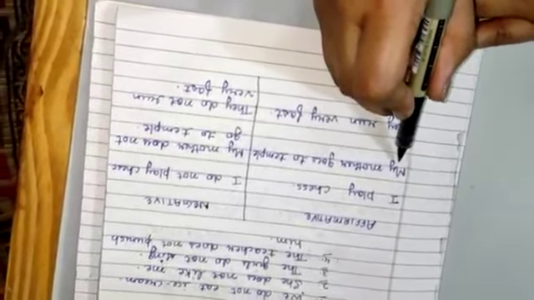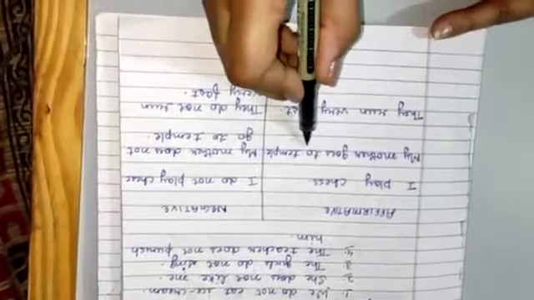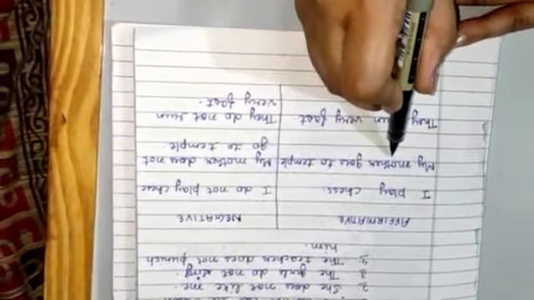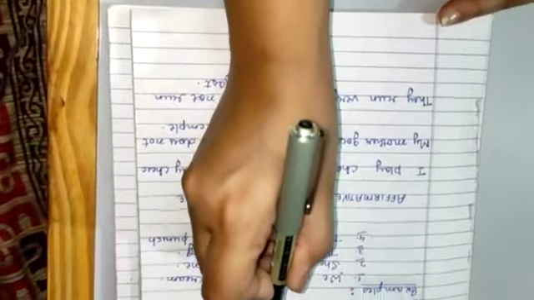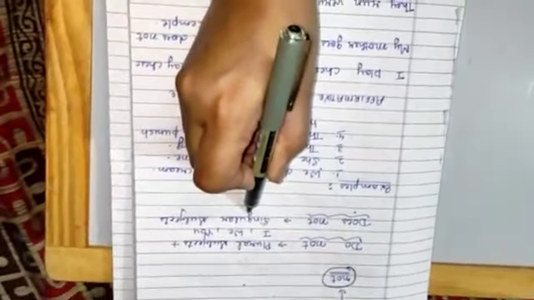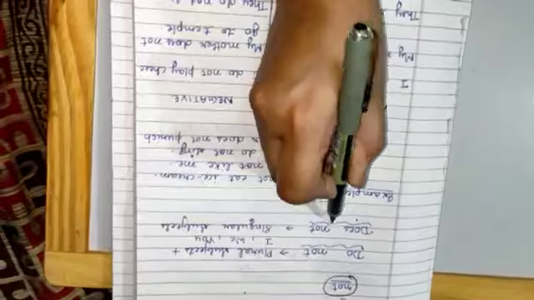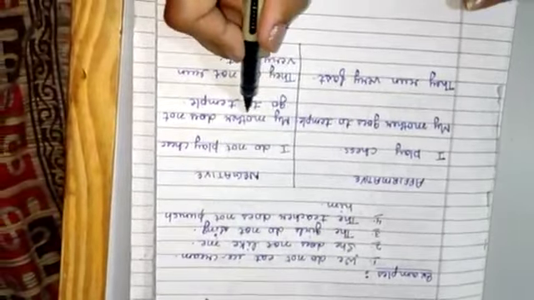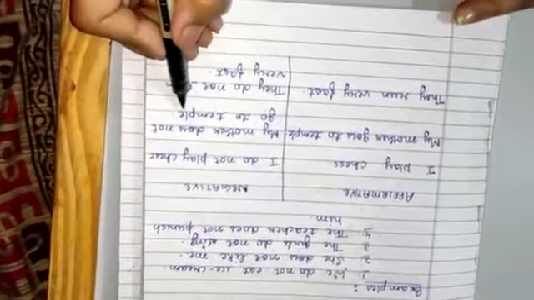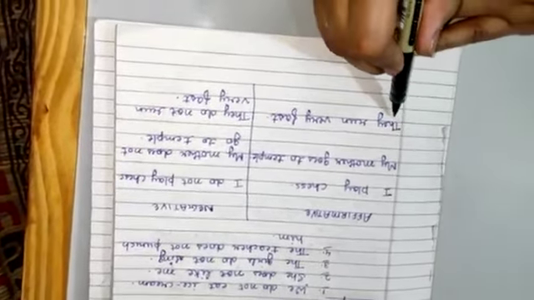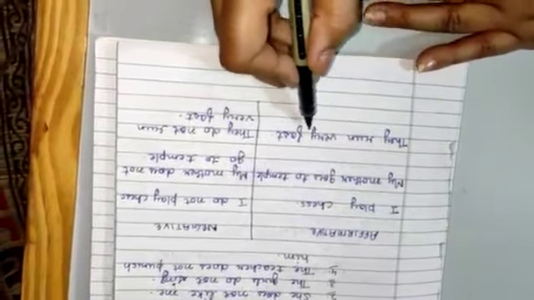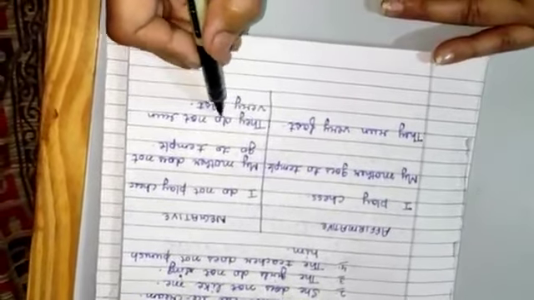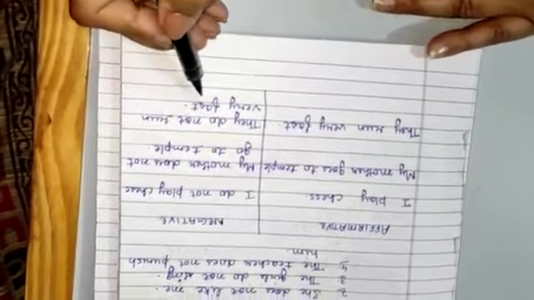Second, my mother goes to temple. Now my mother is a singular subject, so we have done that with singular subjects we use does not. So here its negative form will be my mother does not go to temple. Third, they run very fast. Its negative form will be they do not run very fast.